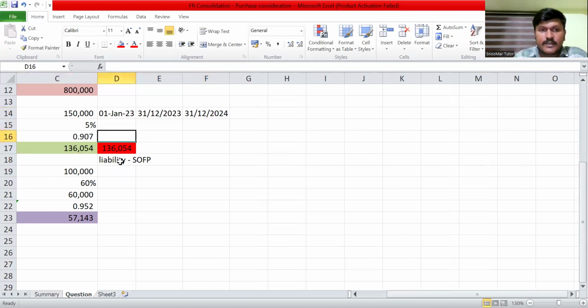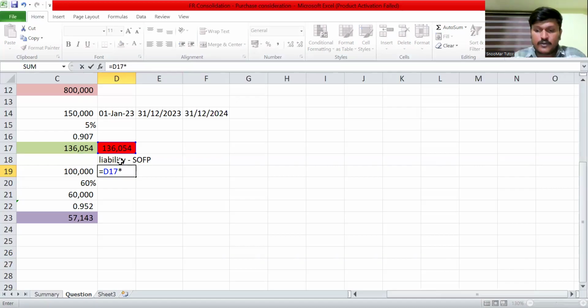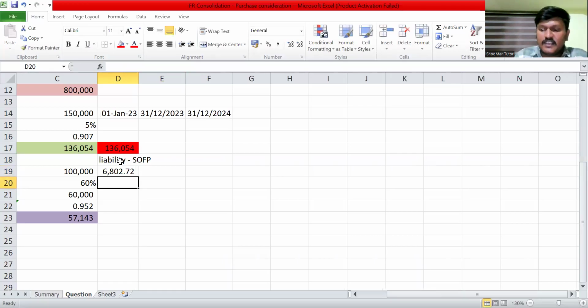So how is this happening? There is something called unwinding of discount. What you need to consider for 1 year, since this is discounted at 5%, is 136,054 multiplied by 5%, which will increase every year.